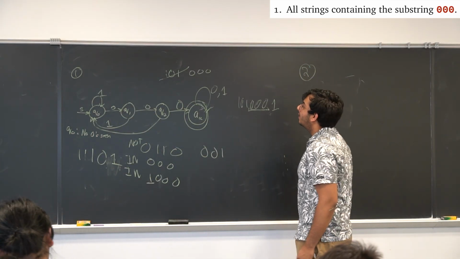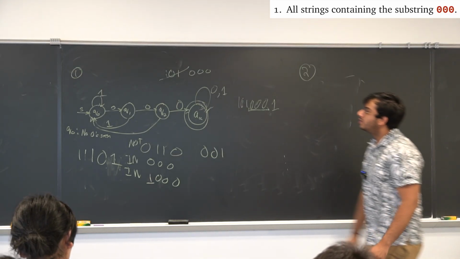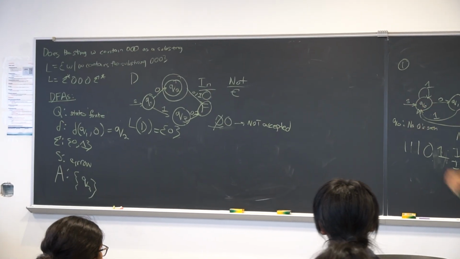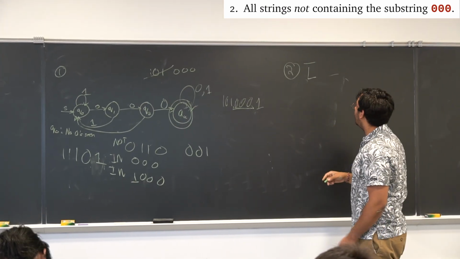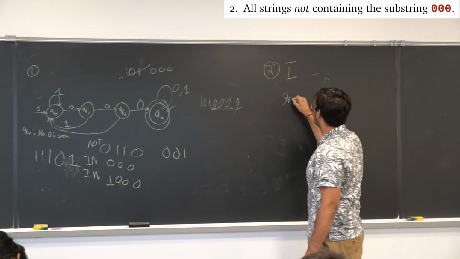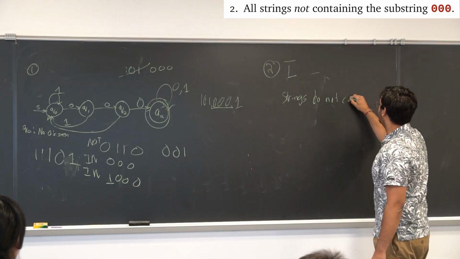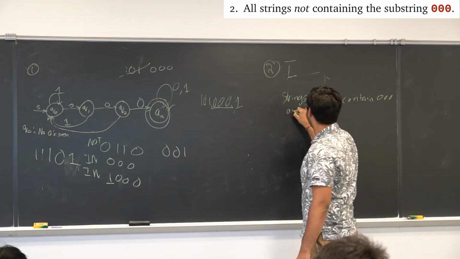Problem 2. Okay, let's take a look at the strings that contain the substring 0, 0, 0. Let's take a look at the complement of that language. So that is explicitly going to be the language where strings do not contain the substring 0, 0, 0, as a substring.